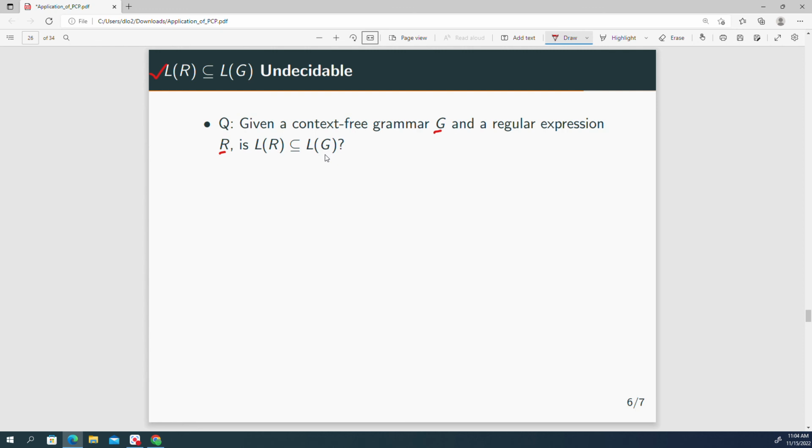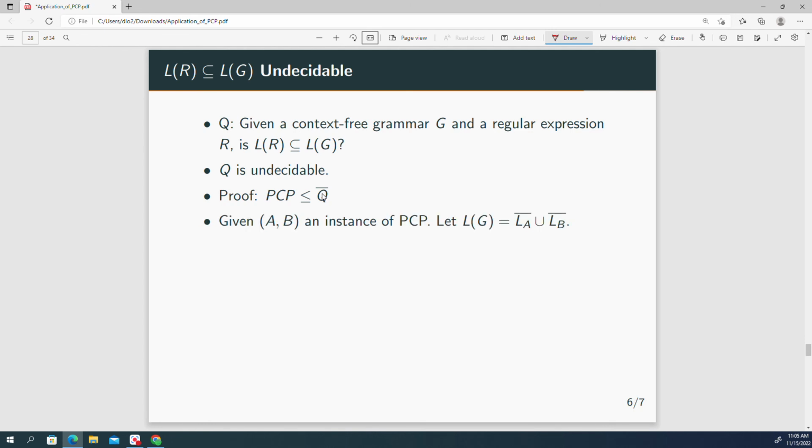We can reduce the PCP to the Q bar, the complement of Q, which means no to the question. To do that, first we are given the instance AB as an instance of PCP.